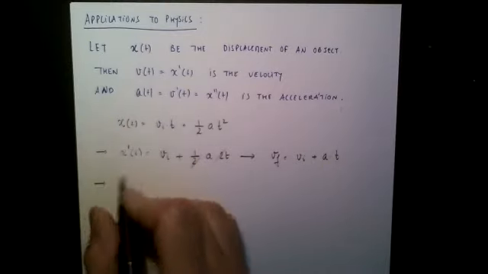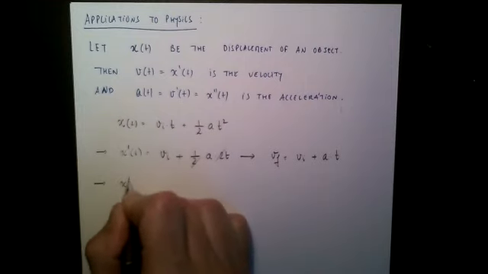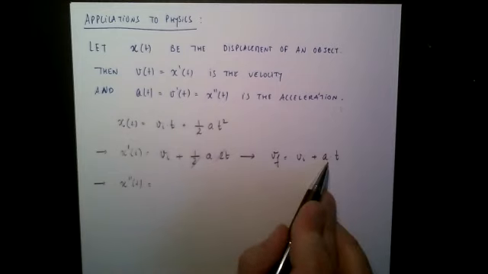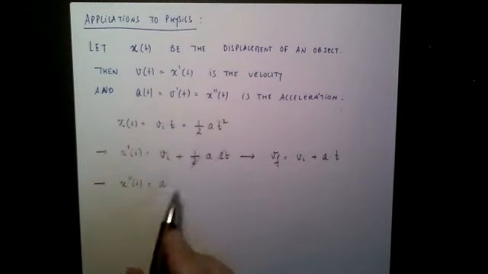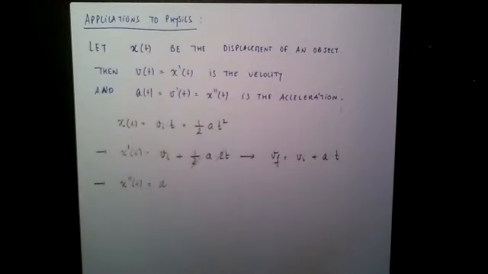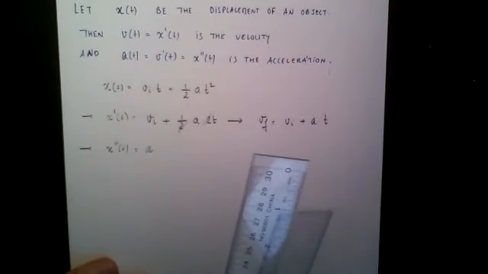And if we do the second derivative now, x prime prime of t, I derive this again, this is 0, and this will be just A. So that works with what I'm saying, that the second derivative is equal to the acceleration. Is that okay? We're going to do examples in a few minutes.